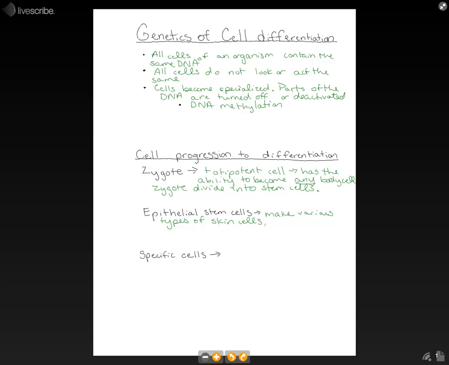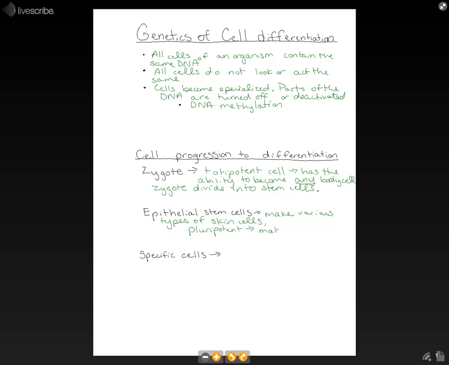So when we think about that, those stem cells can become many things, but they can't be everything. We call that pluripotent.